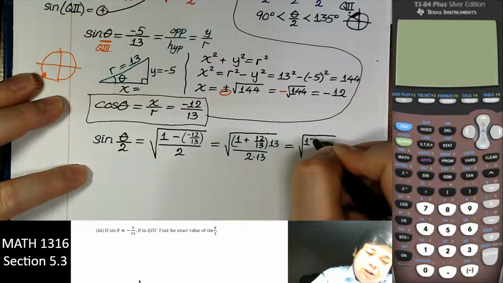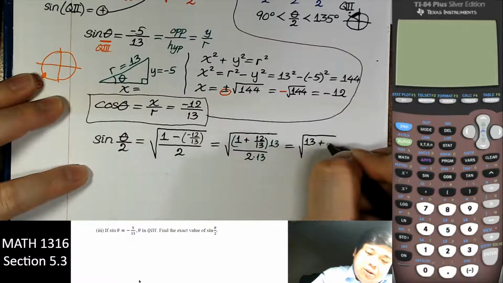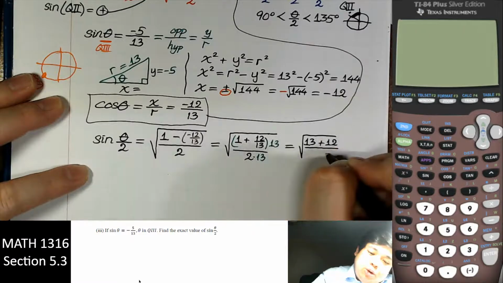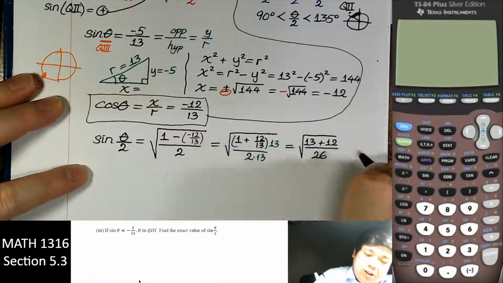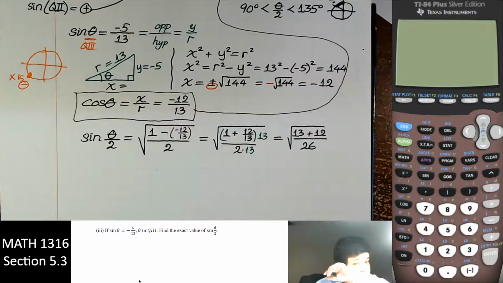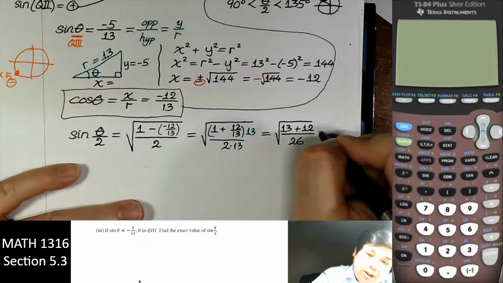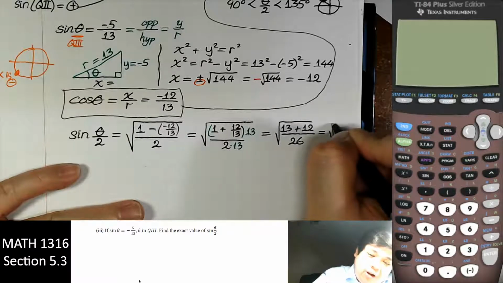Times 1, 13 cancel. 2 times 13, 26. So square root of 25 over 26.